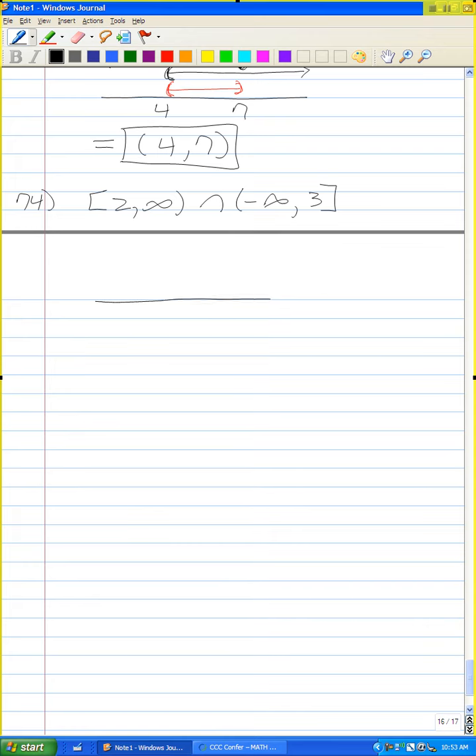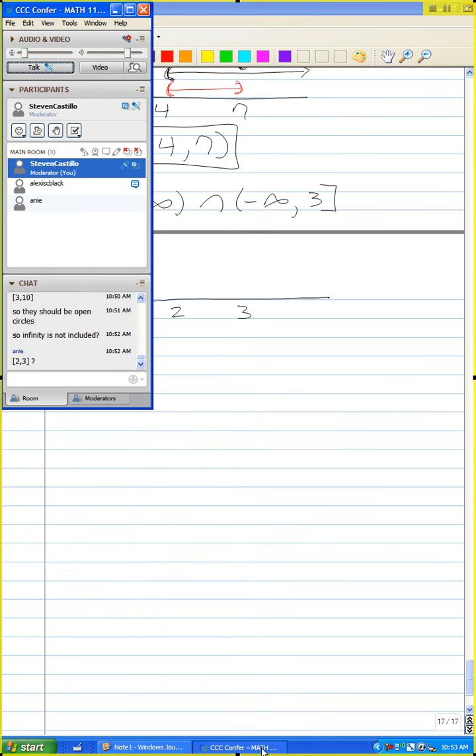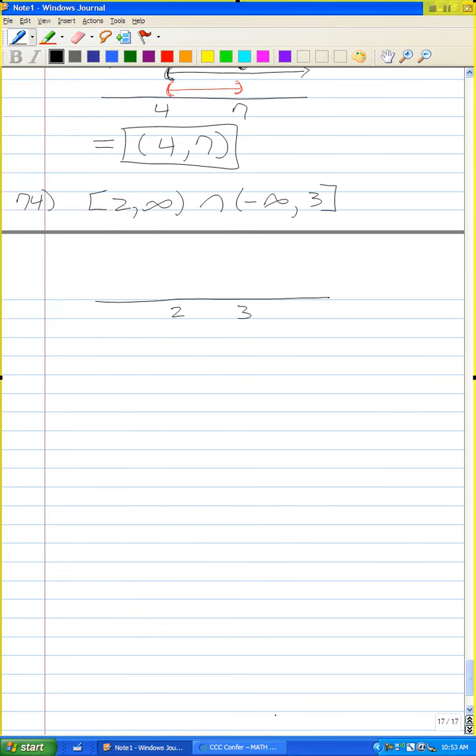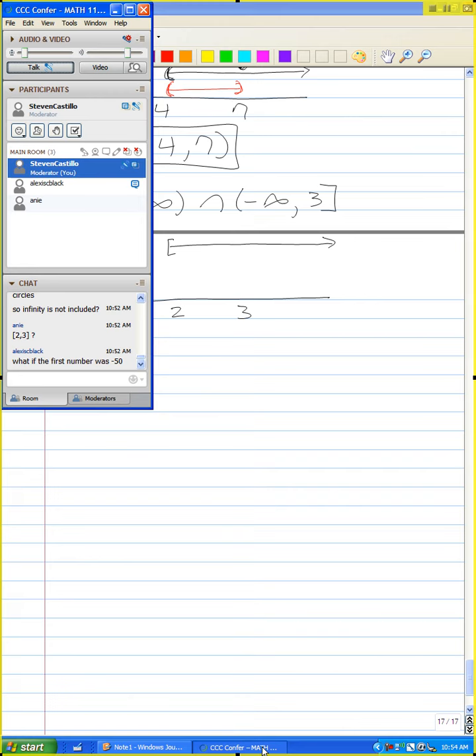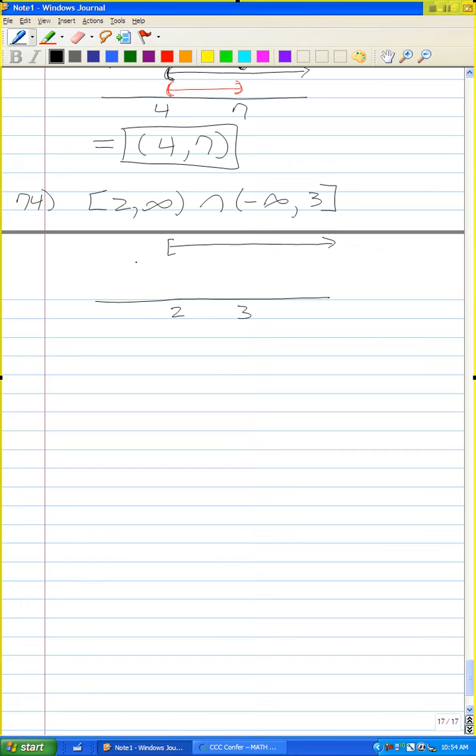And so, yes, I have 2 to infinity, and everything from positive 3 and below. And so the overlap is just the closed interval from 2 to 3.